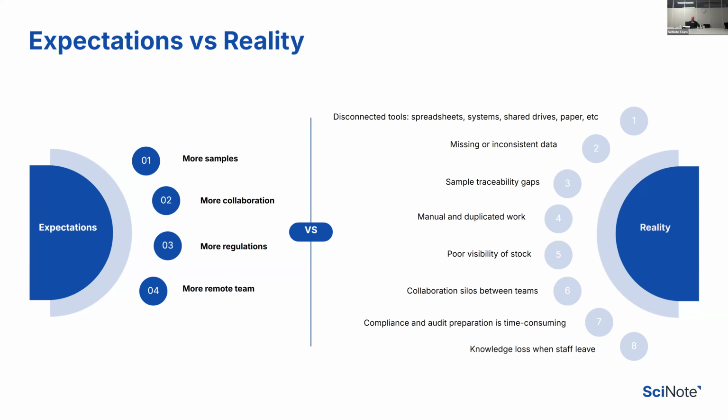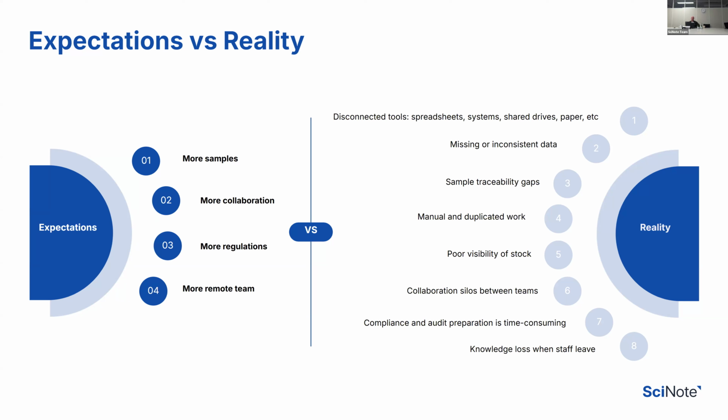And this, I think, was the one that the majority of you mentioned: poor visibility of stock, very relevant. There are a lot of costs involved with this. There are a lot more silos than we think, and time-consuming compliance and audit preparation. And of course, if somebody leaves the company and they were the only one who knew how inventory is working, that's a big issue.